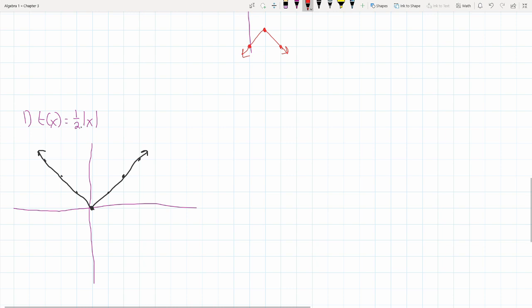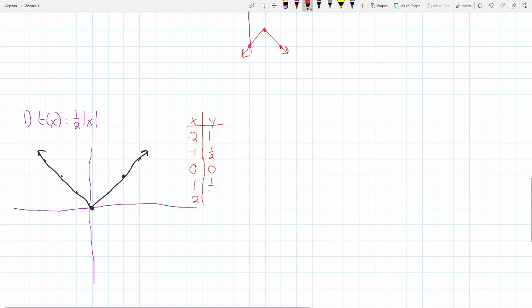Now, we're going to do number 1, and you might want to make a table of values, where you make an X and Y on the side, and you start choosing some. So, like I said earlier, I like to start at 0. And so when I do 0, I'm going to get 0. When I'm at -1, the absolute value of -1 is 1, times 1/2 is 1/2. When I go to -2, I'm going to get 1.